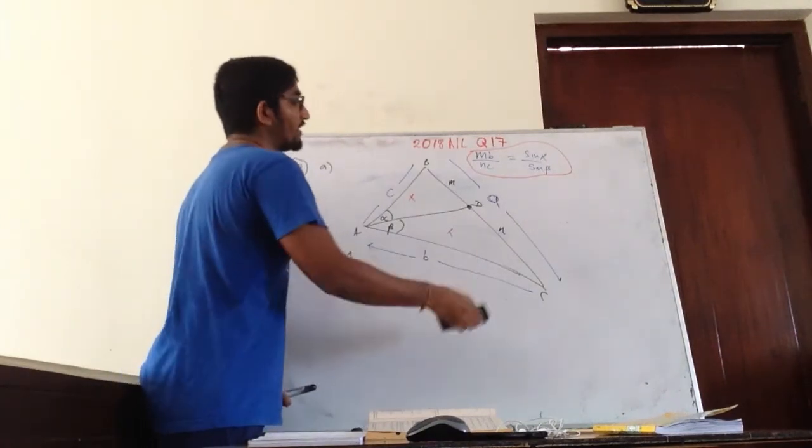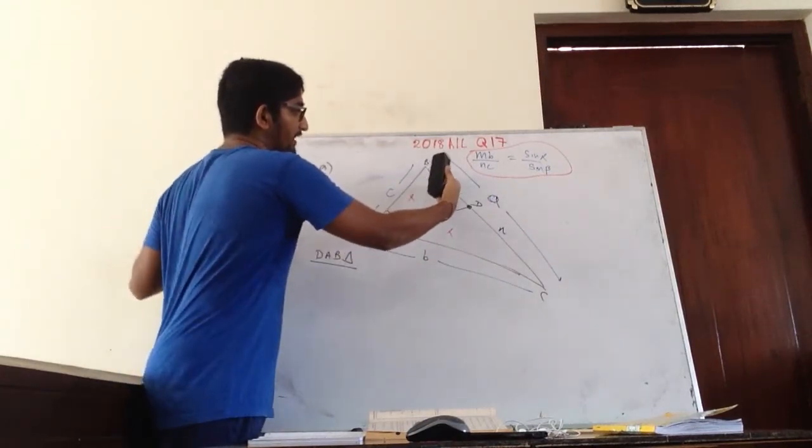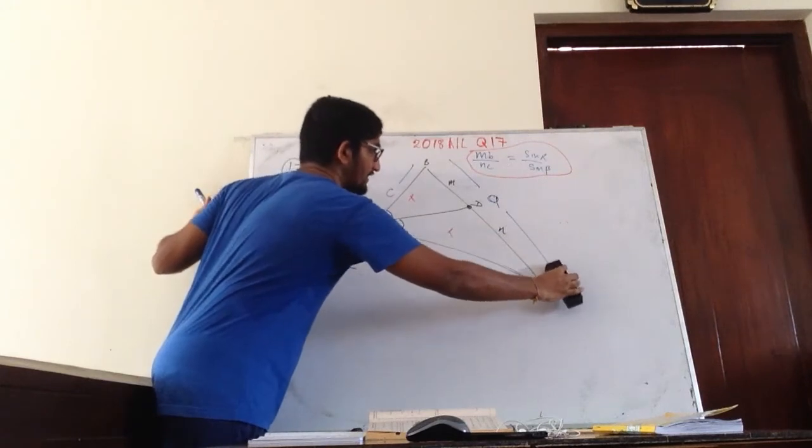So now here we don't actually need A as well. Here A can be written as M and N. So we actually do not need this as well.